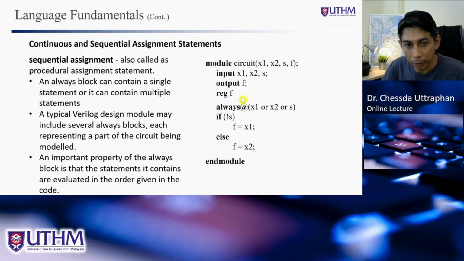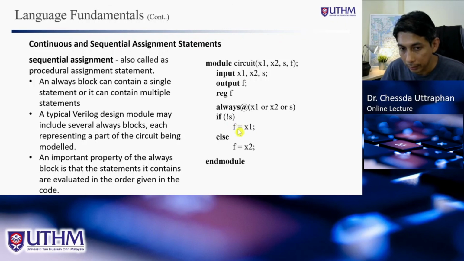And one more important thing is to observe this. When we use an always block and we want to assign a value to f, and f is an output, but f is inside the always block, this is not a wire or port anymore.